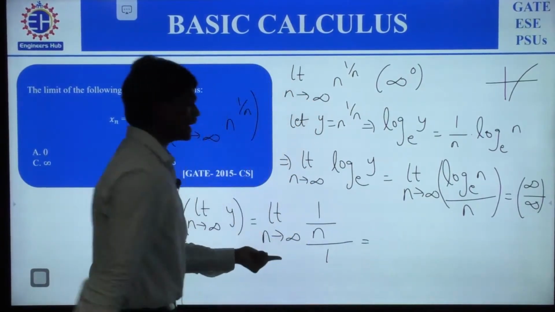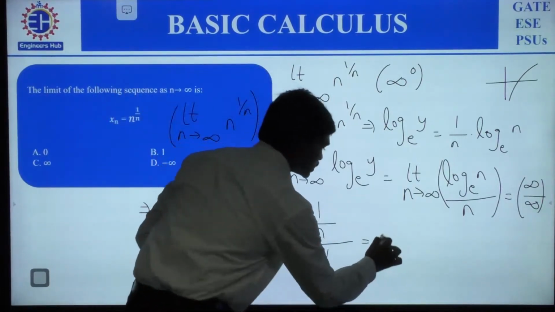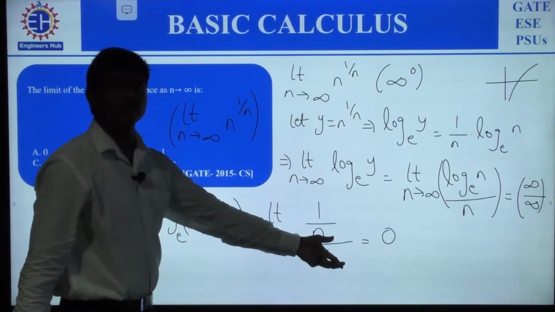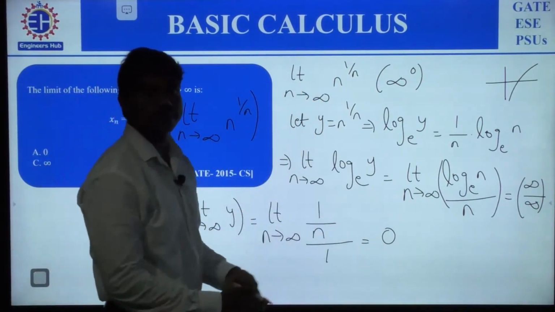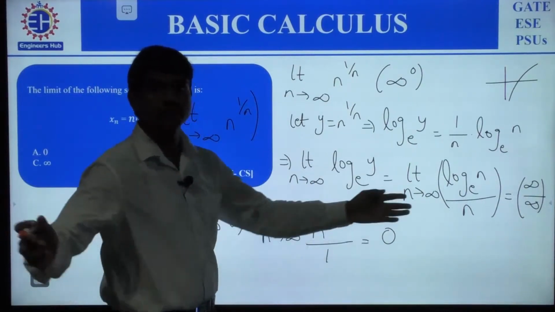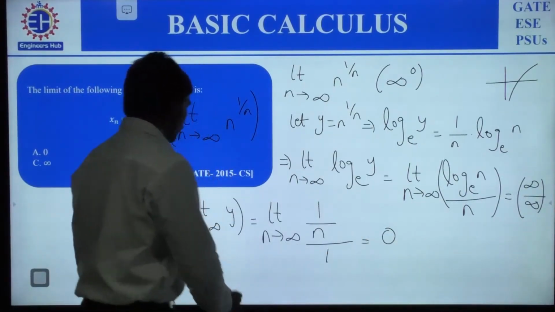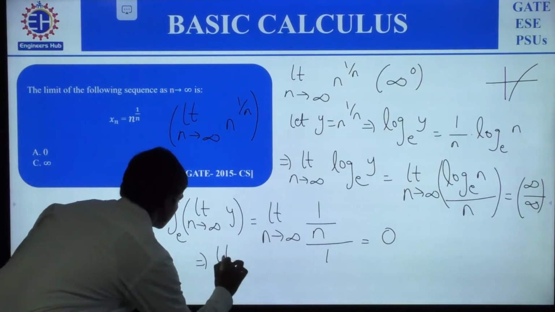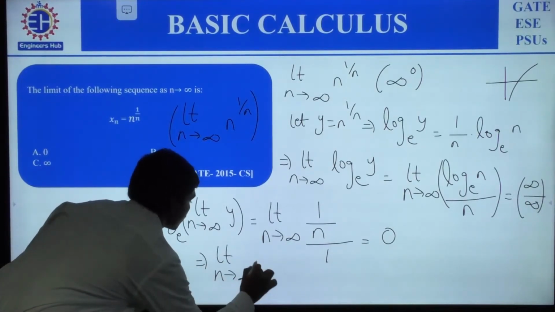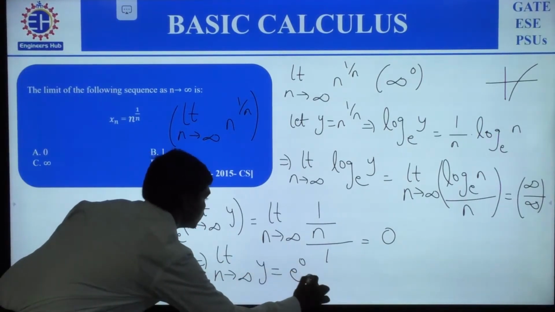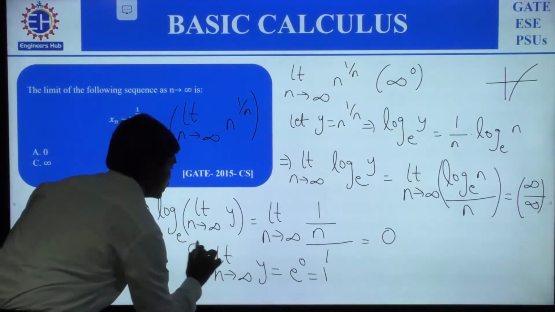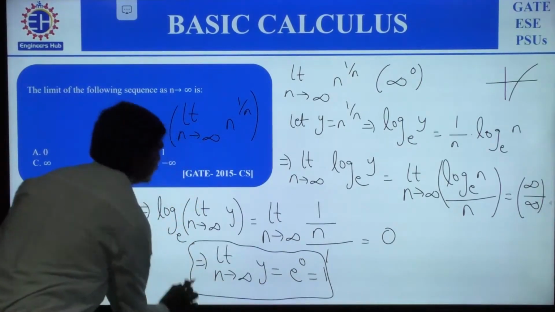So which means limit n tends to infinity 1 by n, which is 0, because 1 by infinity will give you 0. Infinity is the symbol for writing a very large number. So 1 by that very large number will give you 0. So which means this limit n tends to infinity y is equal to e to the power 0, which is 1. So this is the final answer that we could get here.